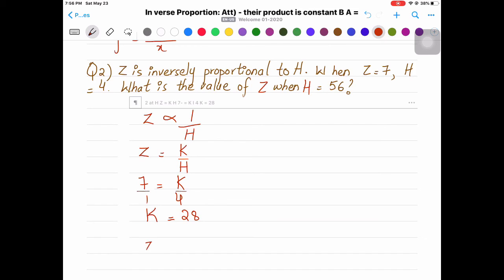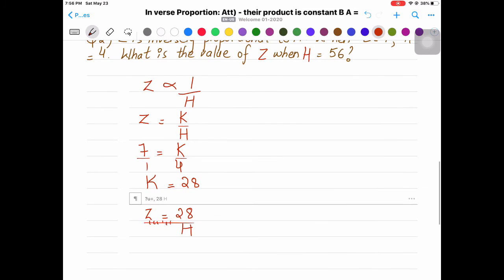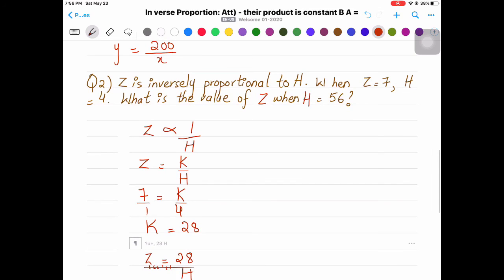So we have a general one which we can use to solve all questions. So z equals 28 over h. So that's our general equation. Great, we have the general equation. Now we can use that to solve the question. We have to find z when h equals 56.